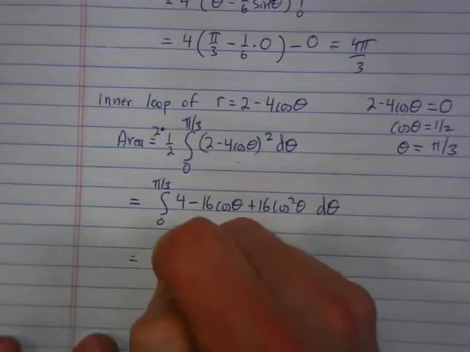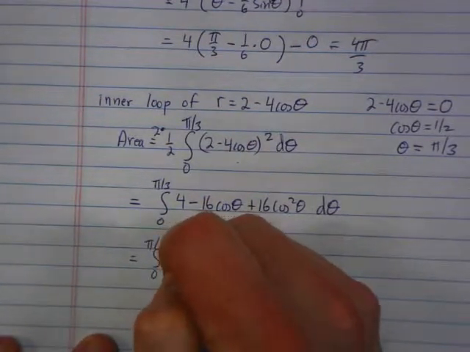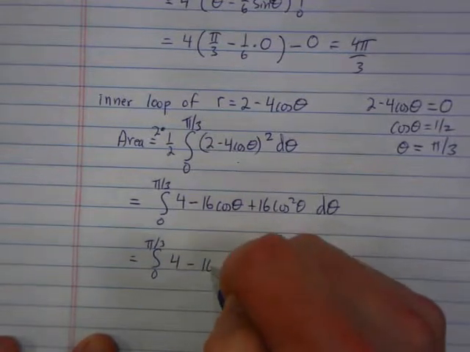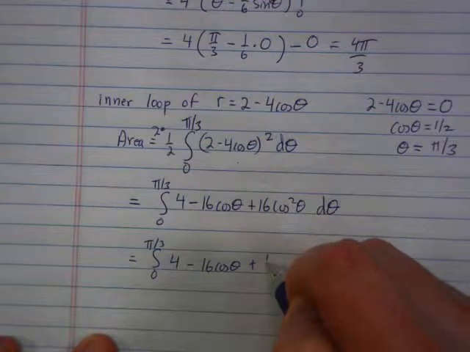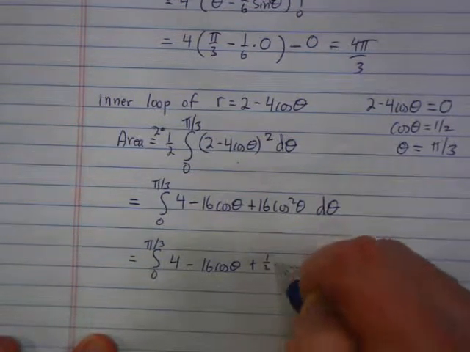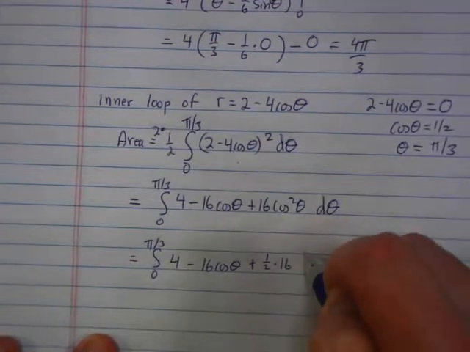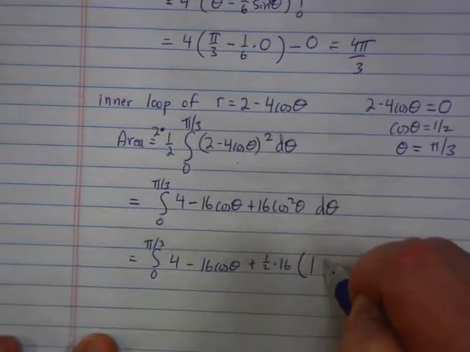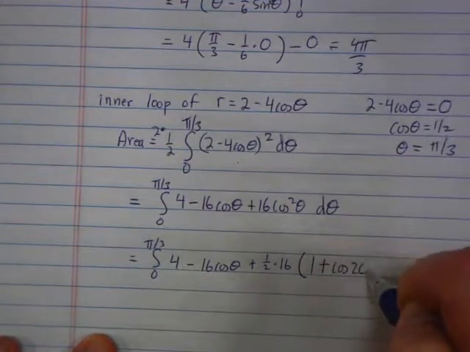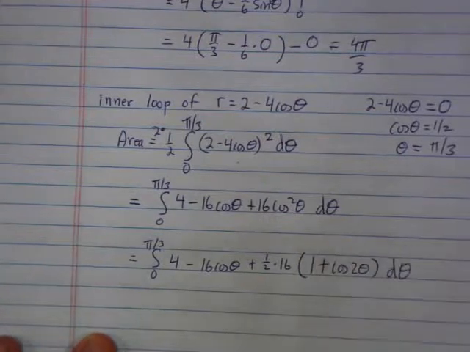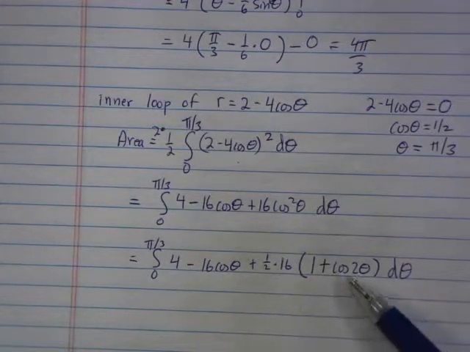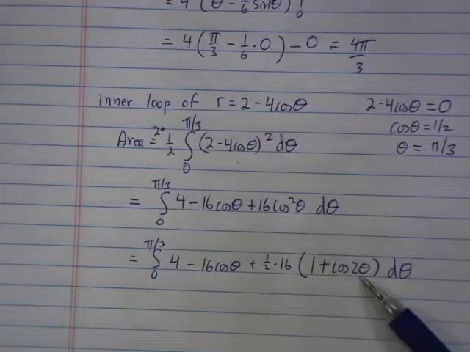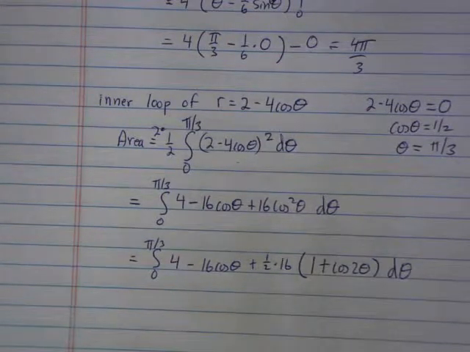So this is going to be the integral from 0 to pi over 3 of 4 minus 16 cosine theta plus 1/2 times 16 times 1 plus cosine of 2 theta. So the power reduction formula, you get a 1/2 out front. For cosine, you get 1 plus cosine, you double your angle. Since that's a theta, we double it to a 2 theta.